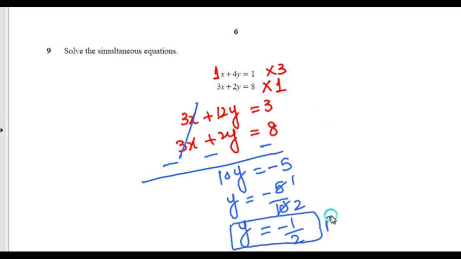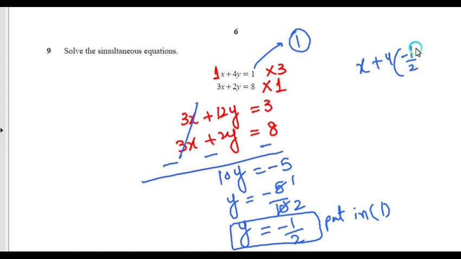Now putting this value in first equation or second equation, it's your choice. So x plus 4y, y is negative 1 by 2, right, equal to 1. 2 2s are 4, right? So we are left with x plus 2 into negative 1 is negative 2, equals 1.